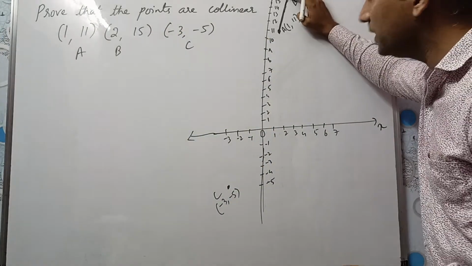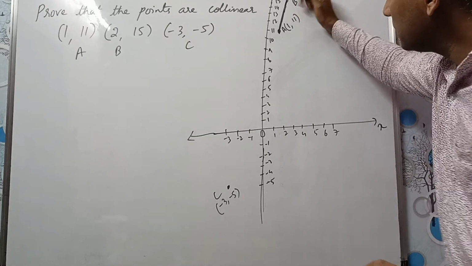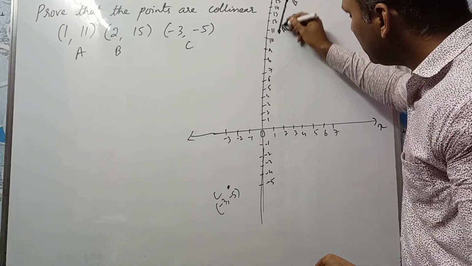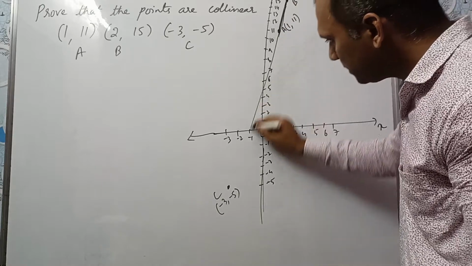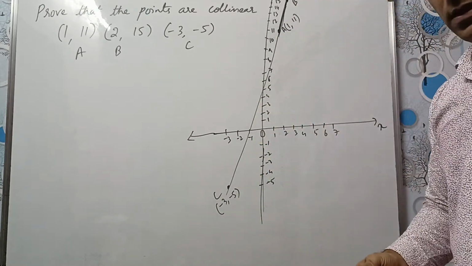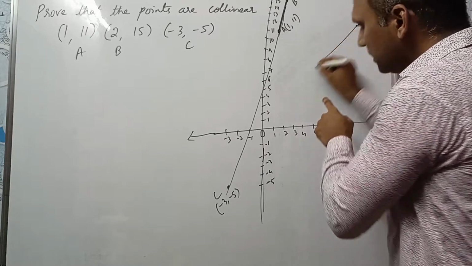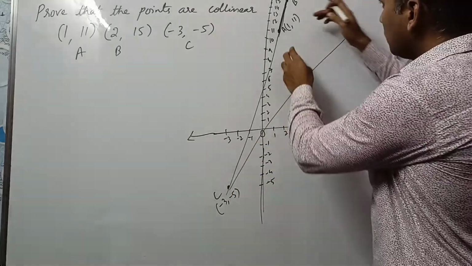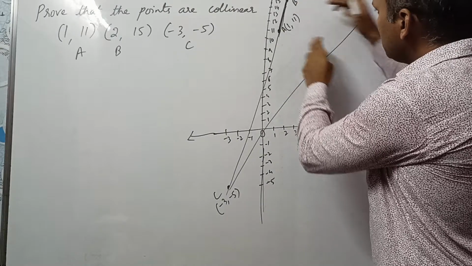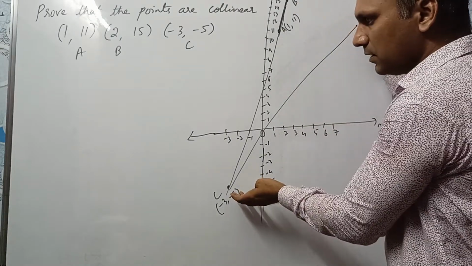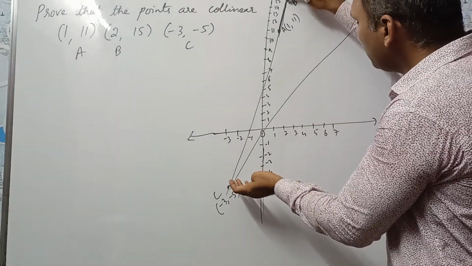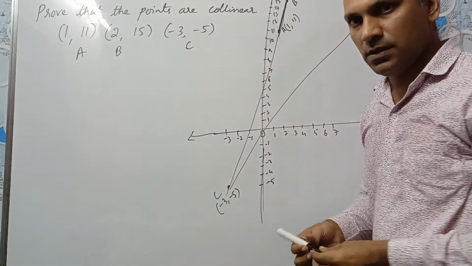B should be plotted here only, right? So if you join this point, see, like this, point B, we cannot plot it here. If you draw like this, of course you can say AB is here and BC is here, but B is still here only, right? So we need to plot it like this.